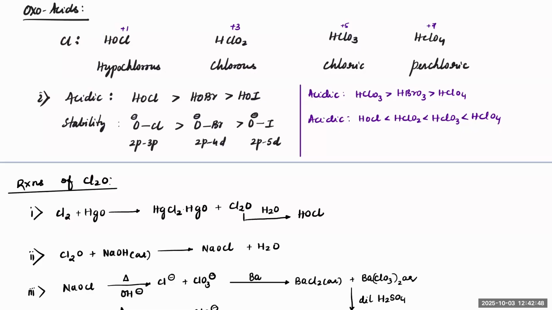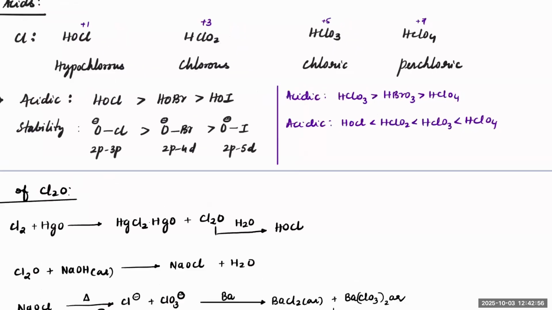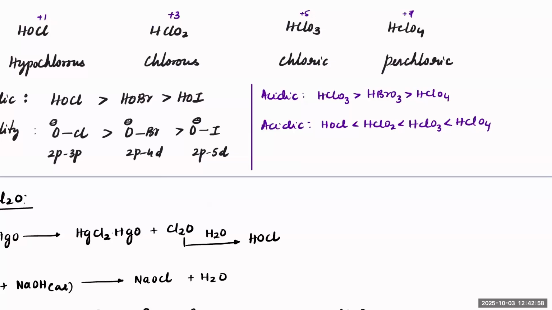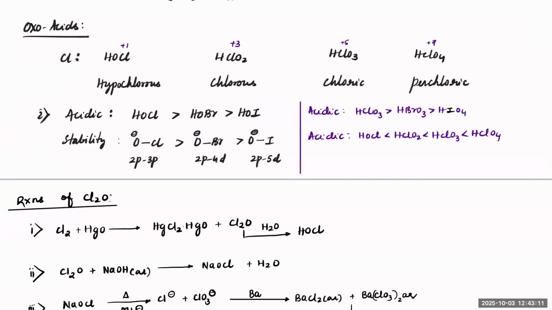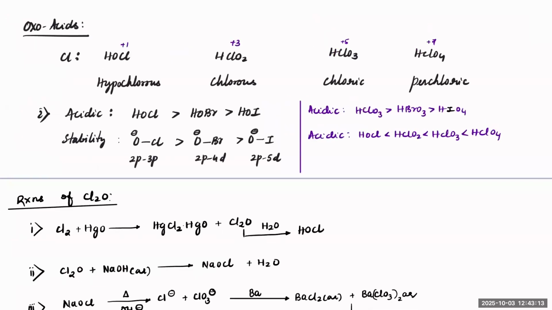Acidic strength wise, if you notice, down the group, acidic strength decreases. Clear? One factor I forgot, reducing agent.